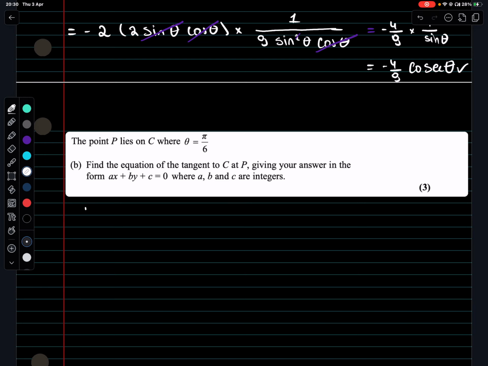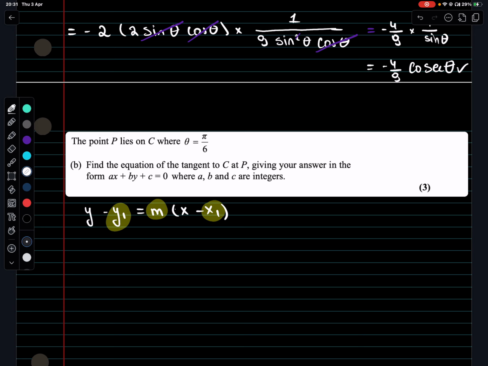The equation of the tangent is y minus y1 equals m times x minus x1. I'm writing this because I need to know what I need to write the equation completely: I need to know y1, the gradient, and x1.